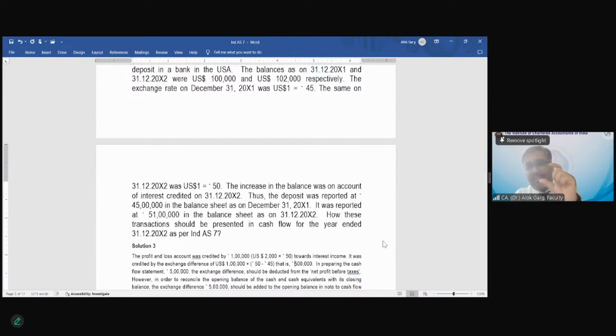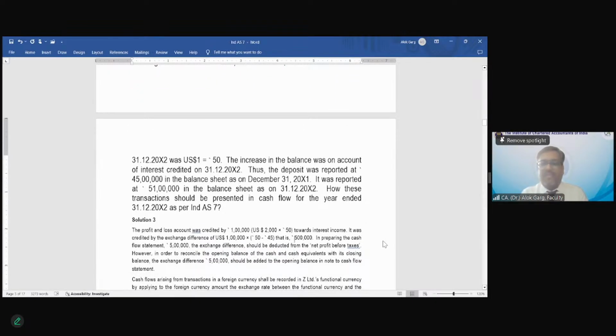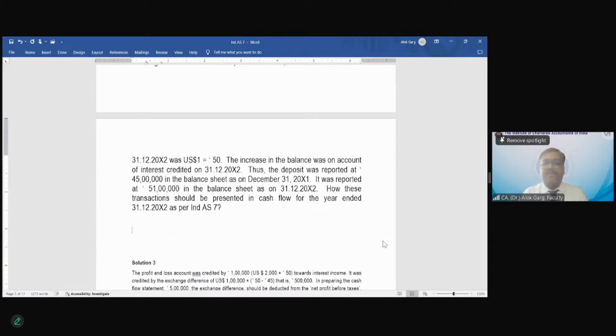So what is my forex movement? $1 lakh multiplied by the change in the foreign exchange rate, 50 minus 45, so 1 lakh multiplied by 5. 5 lakh is my forex movement. 1 lakh is my interest income in INR, converted at the closing rate. Is that clear? So let me show you the P&L.